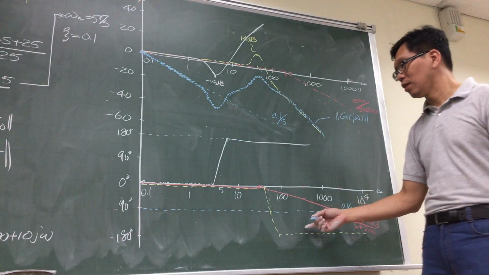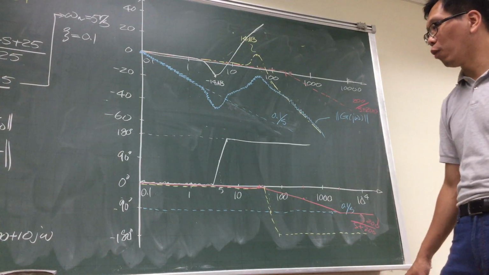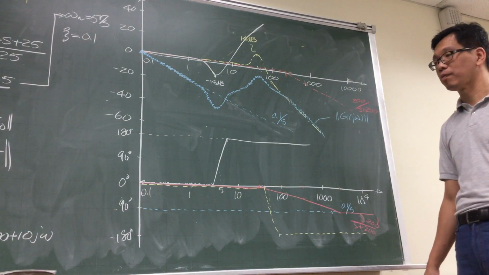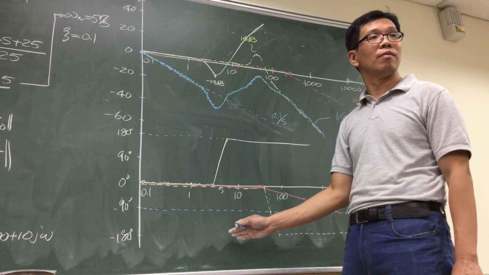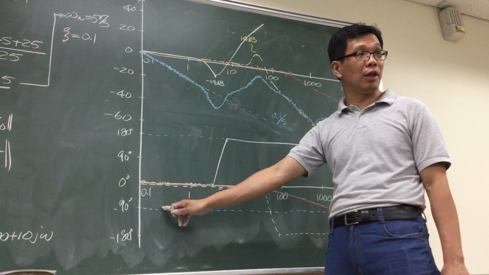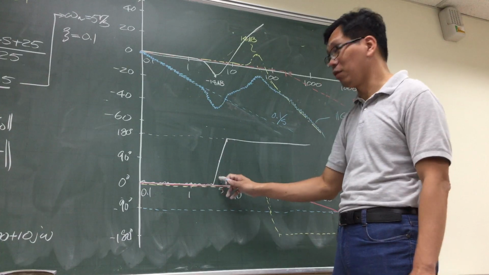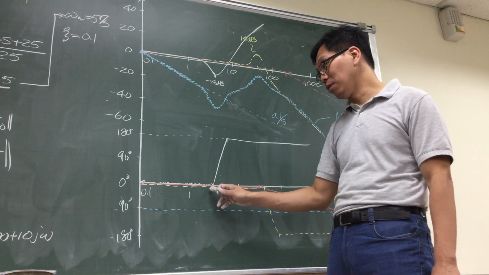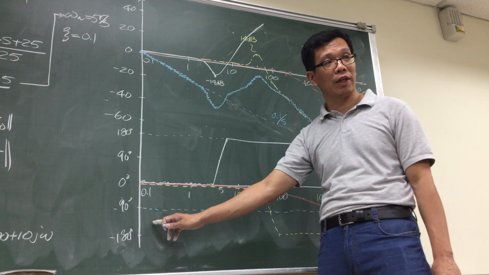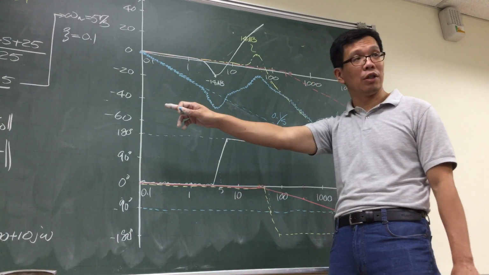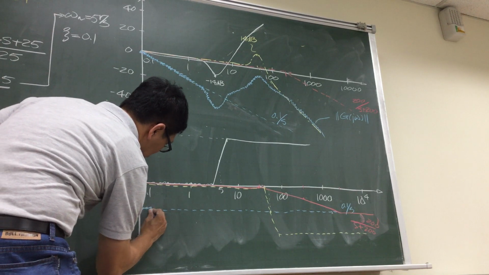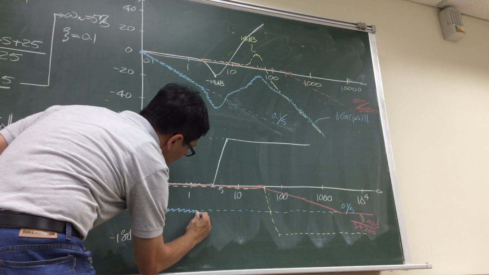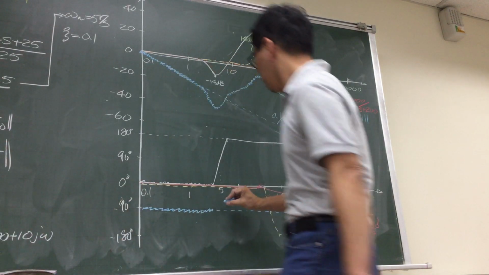How about this one? Where should I start everything? Minus 90, right? Because all the other three parts are 0 degree. So the only thing that affects the system is the integrator. So I'll start my phase here.